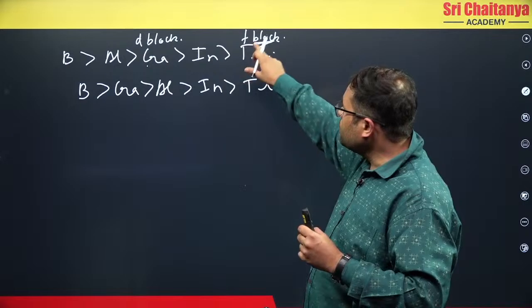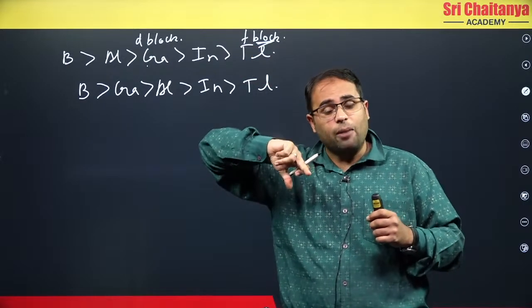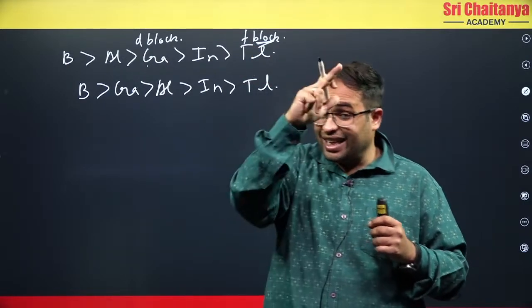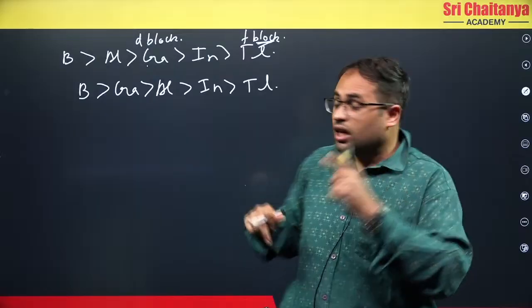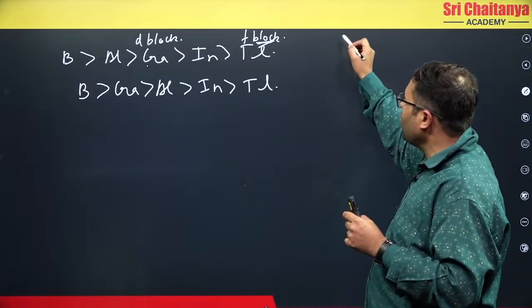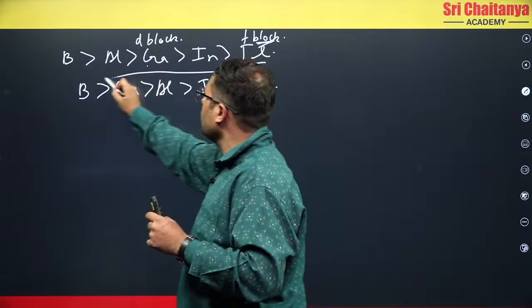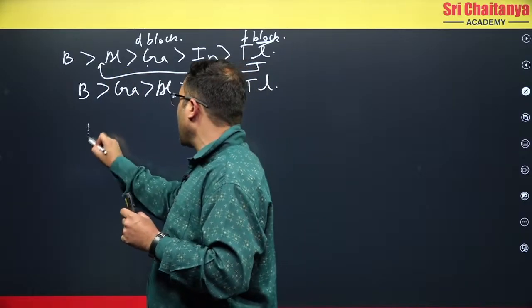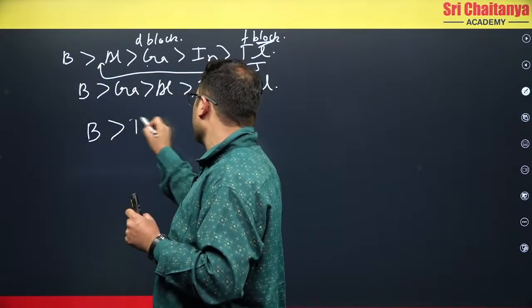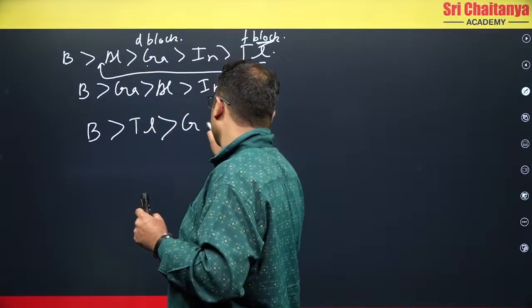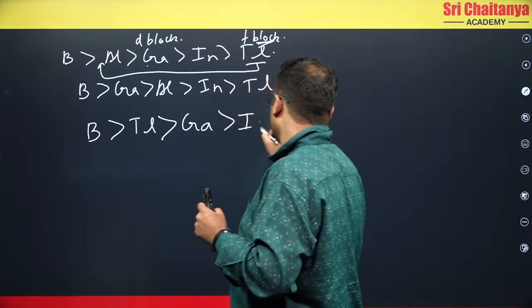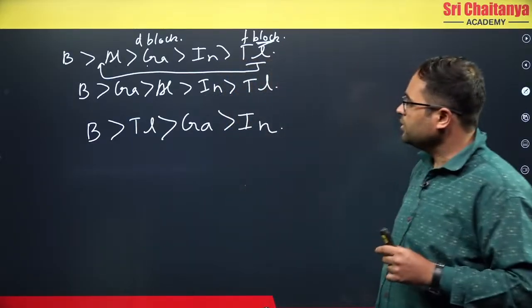The second thing is, because F orbitals are much more diffused than the d orbitals, its contraction is also more. So F block contraction is more. So this thing shifts from here to somewhat here. So the actual order becomes like this.